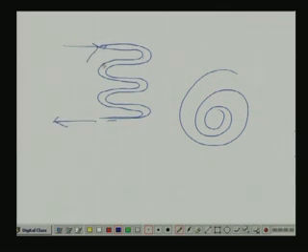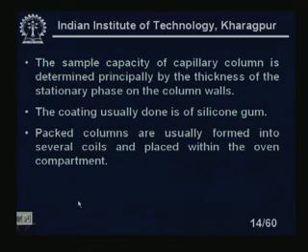The packing materials are inside this column. Open compartment is nothing but a thermostat-based, or more precisely, controlled temperature environment.